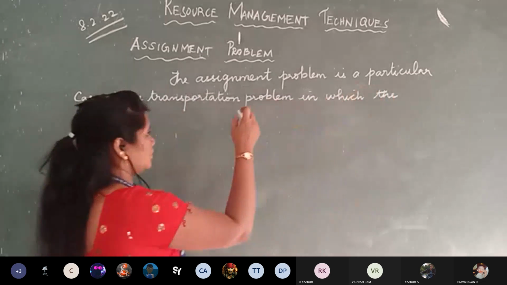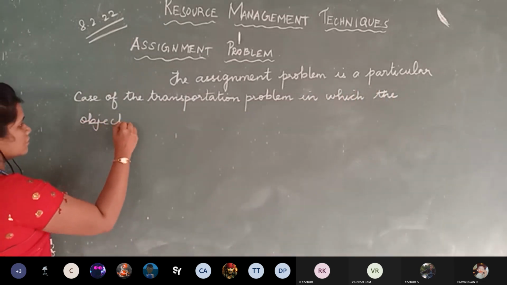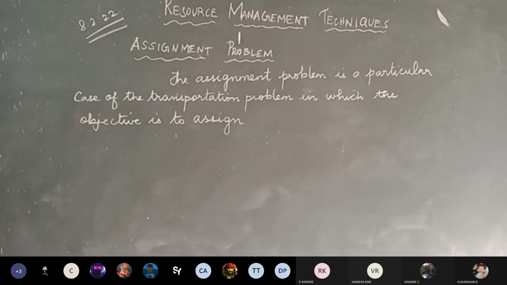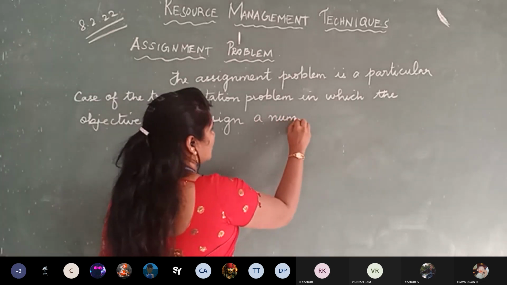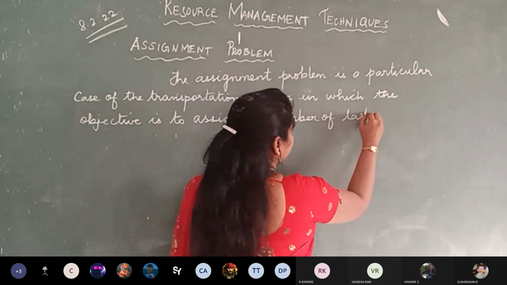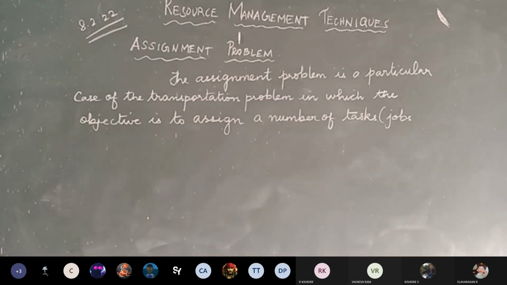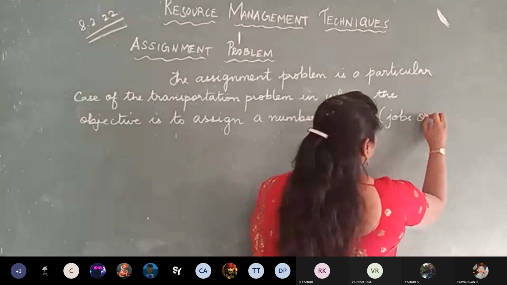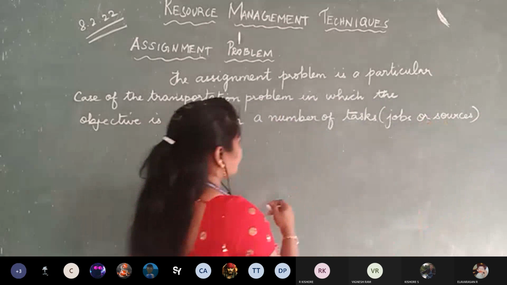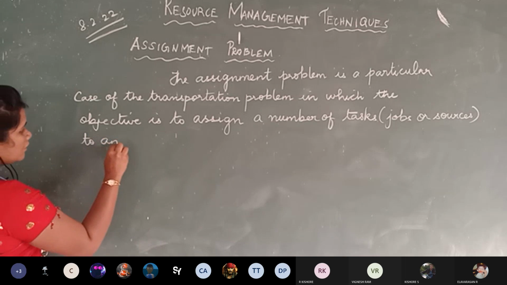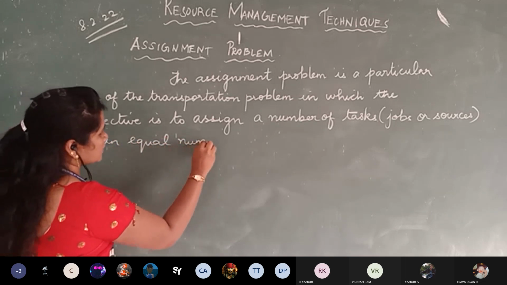the objective is to assign a number of tasks, which will be your jobs or sources, to an equal number of facilities.